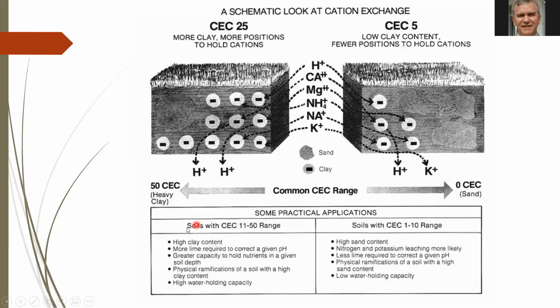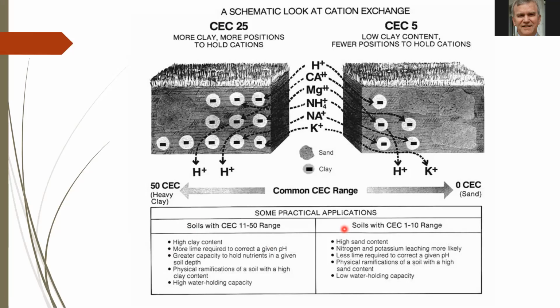Soils with a cation exchange in the range of 11 to 50: number two, more lime is required to correct a given pH. These soils tend to have a higher clay content. On the right-hand side, when the cation exchange in the profile of your soil is in the 1 to 10 range, typically these soils have a higher sand content.